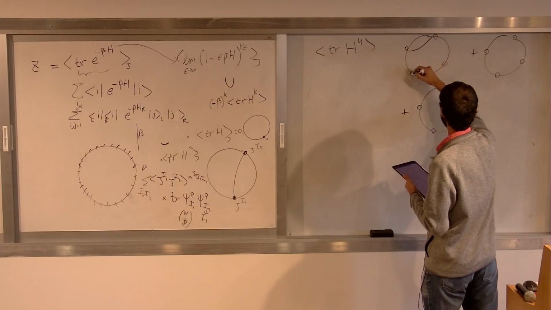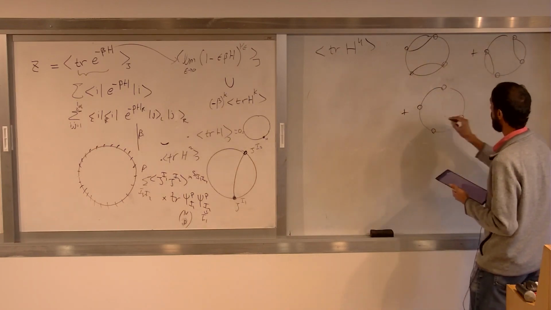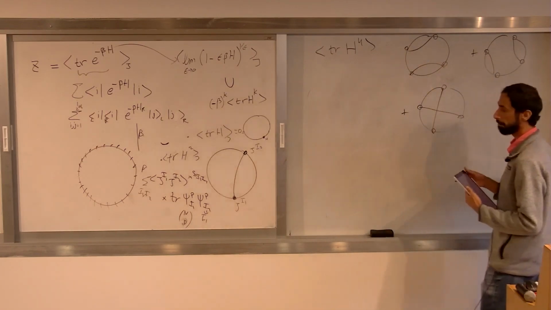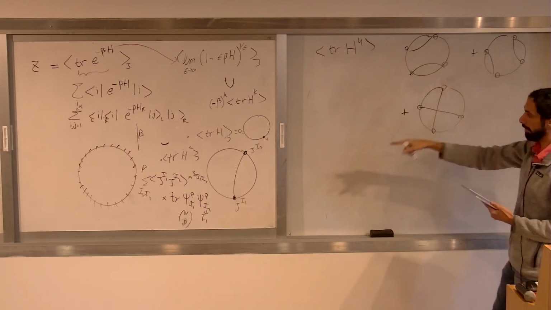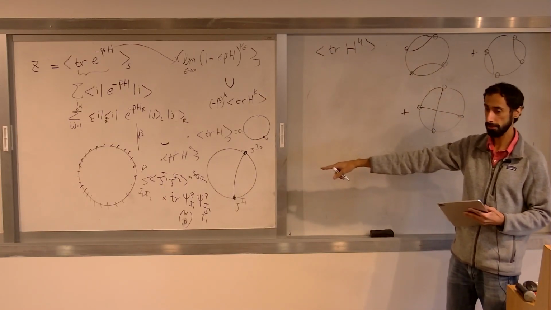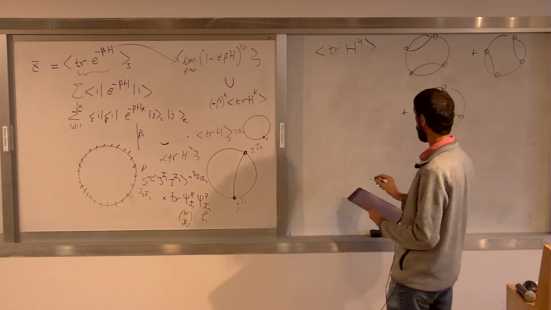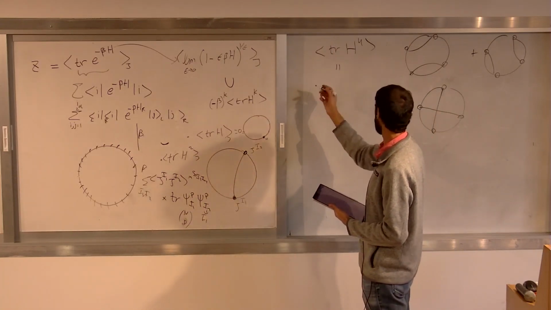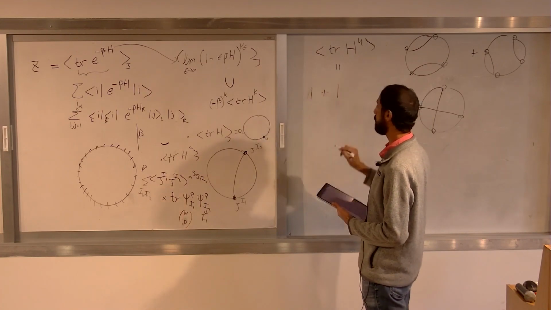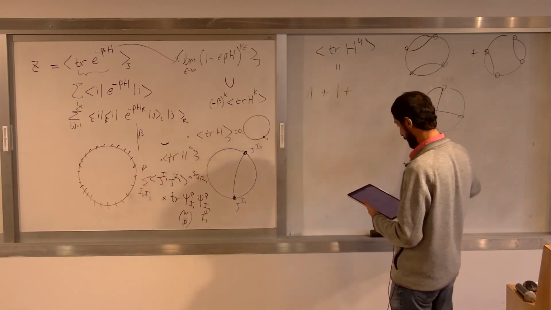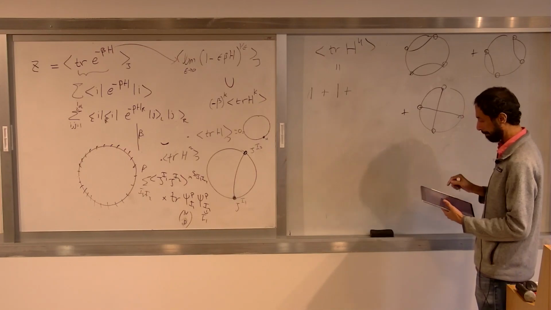You can have this, you can have this, but you can also have this. The first two terms are really just a square of what we found for the one pair of Hamiltonians. So this answer is going to be, let's say, 1 plus 1 from those, plus something that comes from this guy.